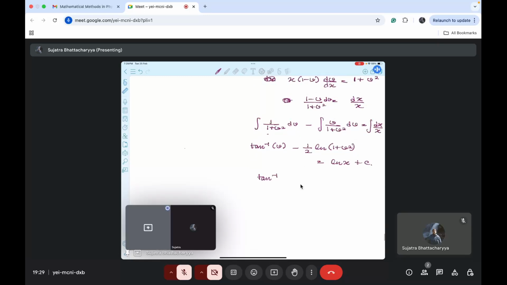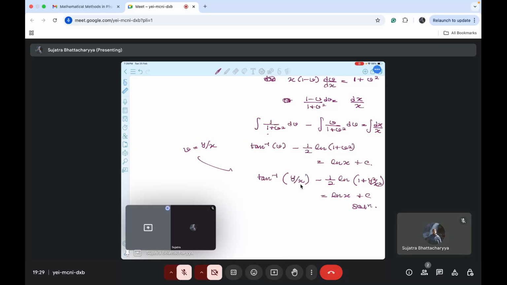Now v is y by x. So you get tan inverse y by x minus half log of 1 plus y square by x square is equal to log x plus c. This is the solution. This is the way you should solve.